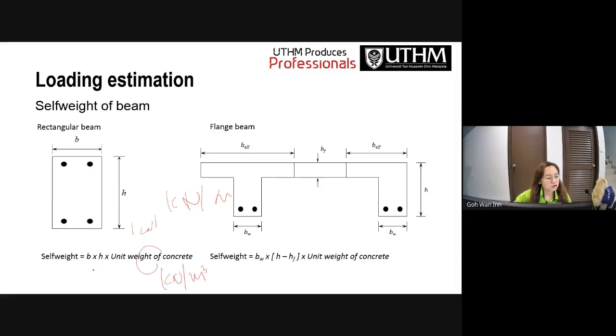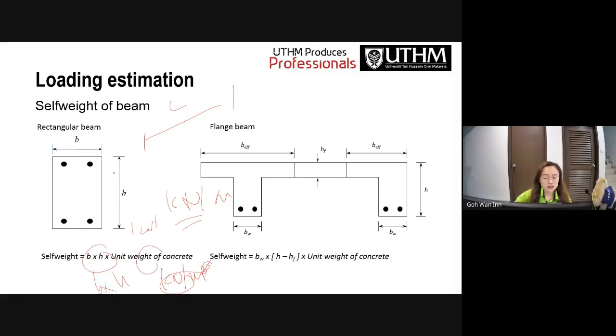So the things you B times H, okay? So you can remove this, become 1. So you will get kilonewton per meter. That's why you are using B times H. Because the loadings from beam is per unit length. Okay, so later you will times the length when you calculate the total load, okay?